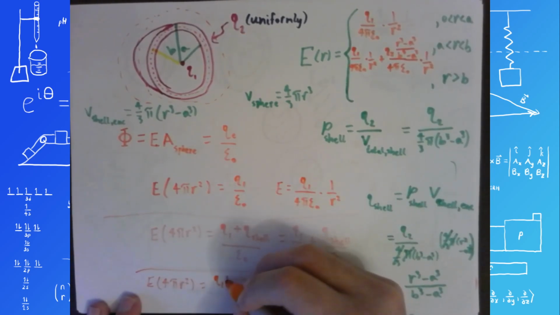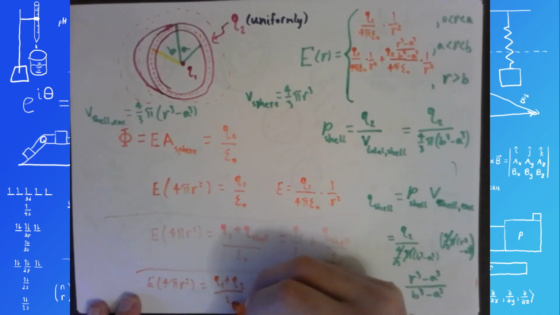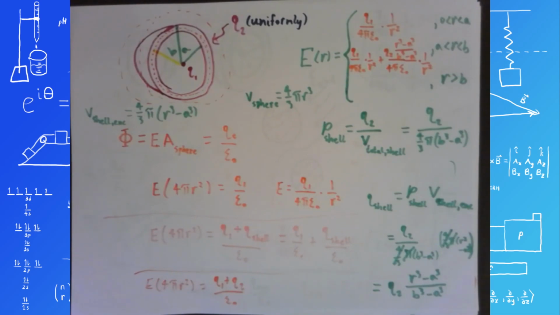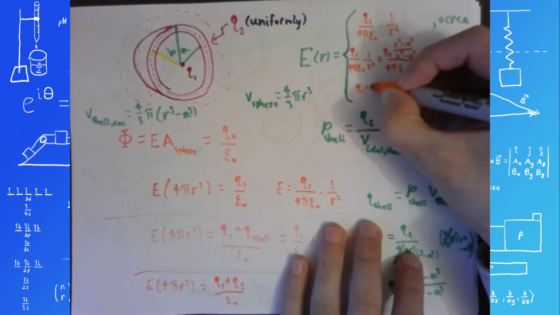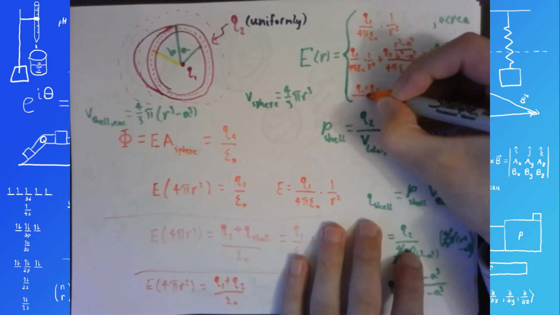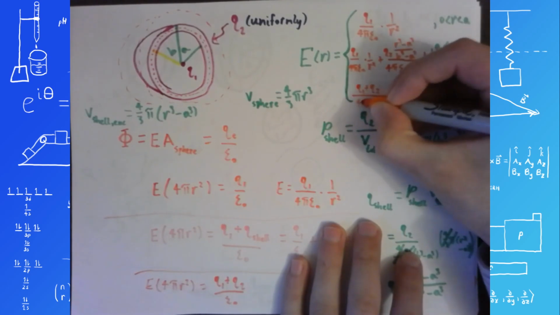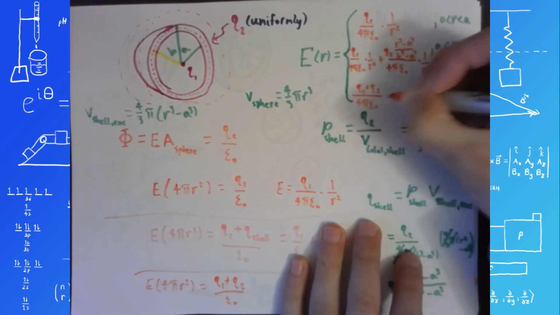It's all of Q1 plus all of Q2 over epsilon naught, and divide by 4 pi r squared, and we're done. So we get Q1 plus Q2 over 4 pi epsilon naught times 1 over r squared.